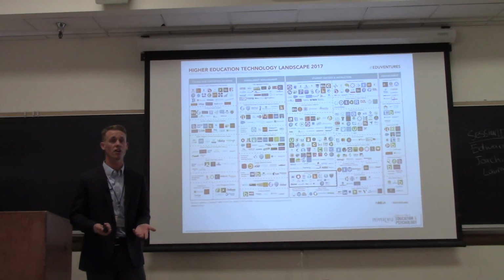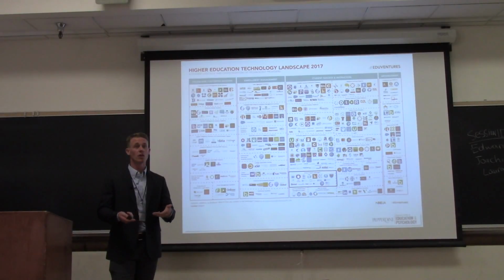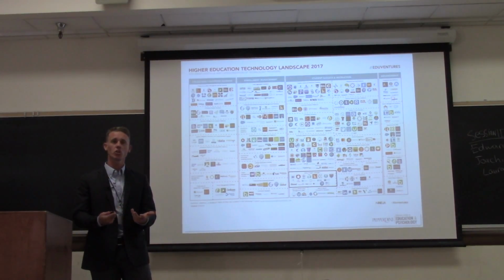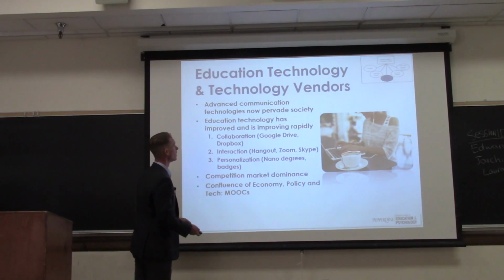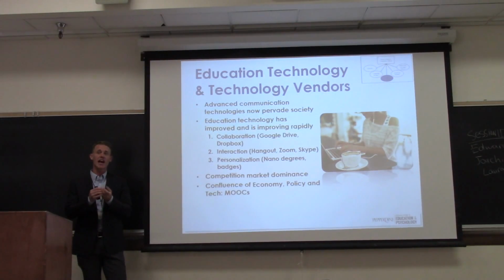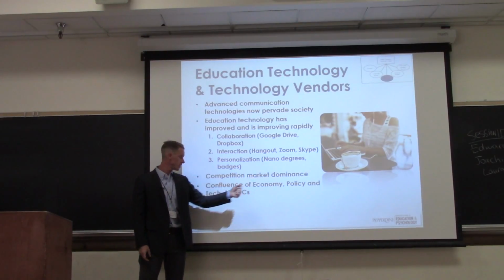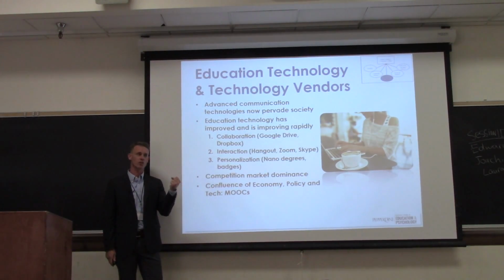We'd be kidding ourselves if we denied that the profit motive is also going to, in some way, shape, grow, whatever word you want to use, online learning for community college students. If you want an example of these 3 factors that I've just discussed colliding with one another, you can see that with economy and policy and tech, you had really MOOCs, right? They were all kind of converging together.